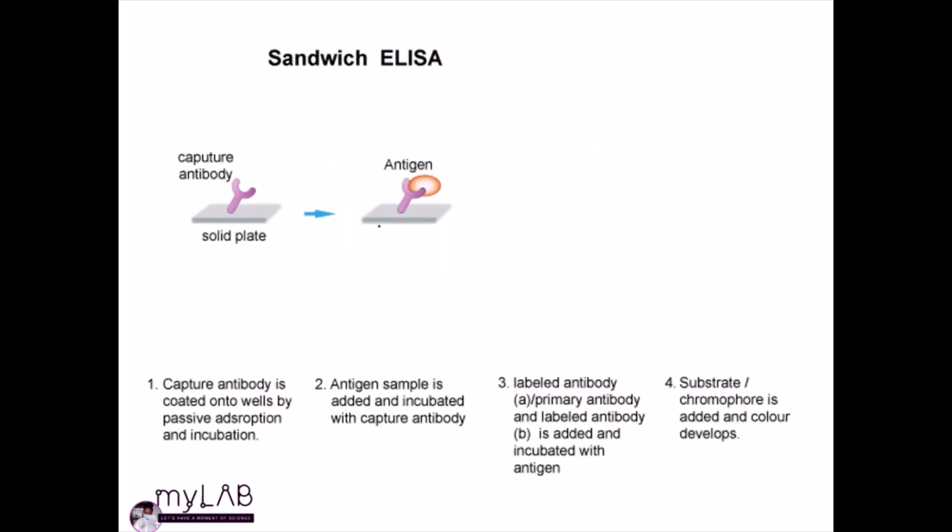Then sandwich ELISA usually will involve even more antibodies to maximize our binding capacity of our analyte. Now our microtiter plate will be coated with what we call a capture antibody.